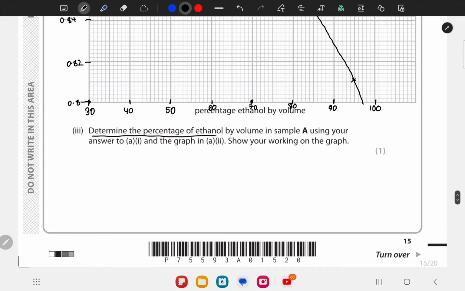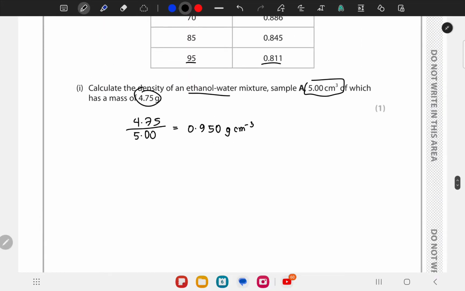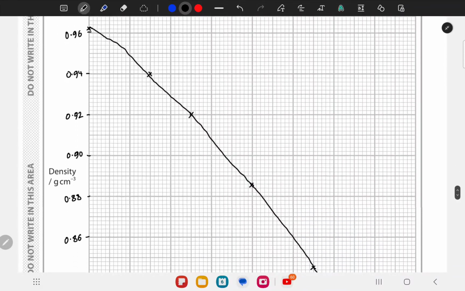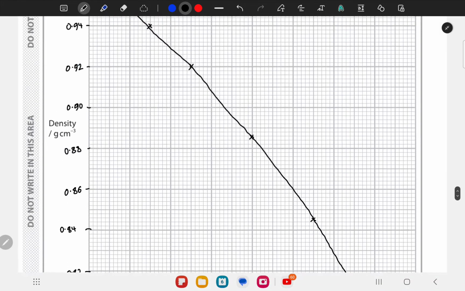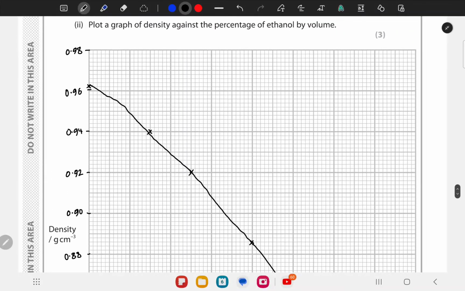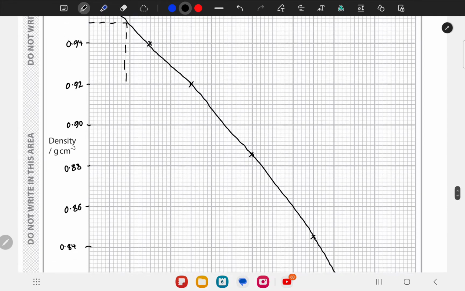Now we have to determine the percentage of ethanol by volume using our answer to part A1 and the graph in A2. Our answer to A1 was 0.95 grams per cm cube. So we have to find the percentage of ethanol by volume when the density is 0.95. So for your graph, you'll go for the value corresponding to 0.95 and find the x-axis value for that.